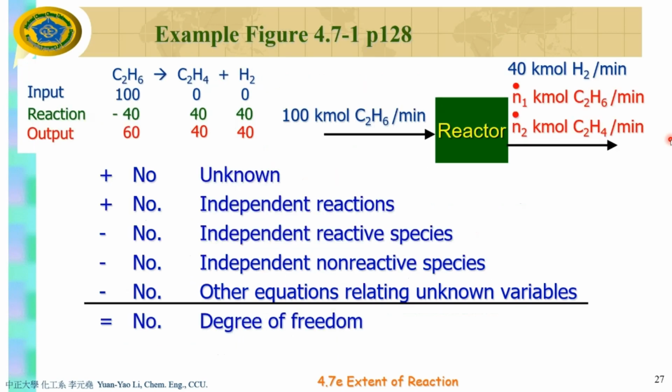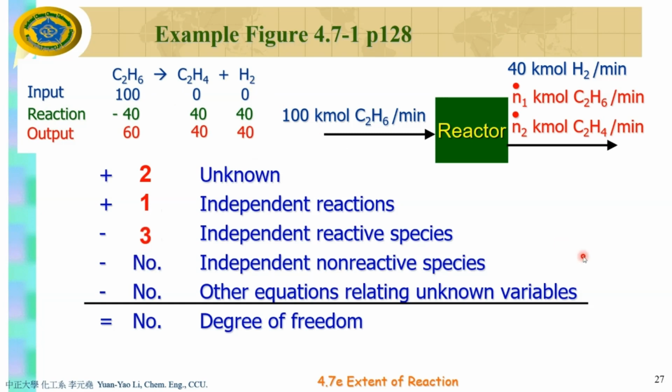Okay, so what I want to show you again is the same example. So how many unknowns here? 2, right? N1 and N2. How many independent reactions? Like the molecular species balance, you have 1, which is this one. And how many independent reactive species? 1, 2, 3, right? You have 3.